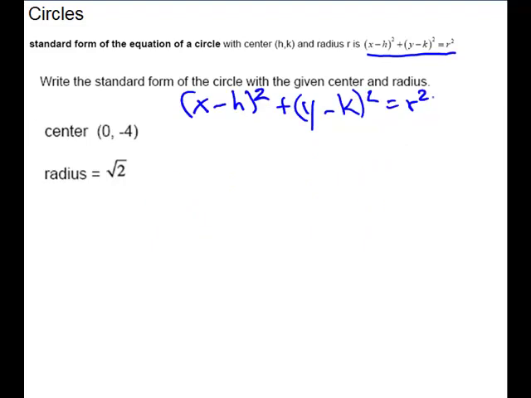This is our third problem. So our center is at 0, -4. If we have 0 here, we're just going to have x squared. And for a -4, we need to have minus a -4, so it needs to be y plus 4.